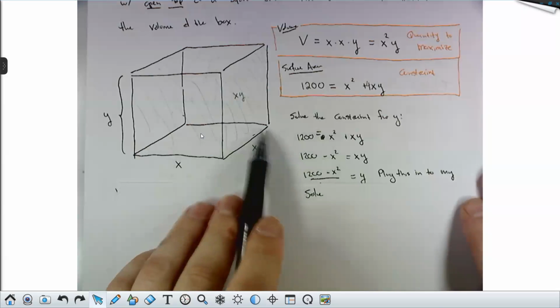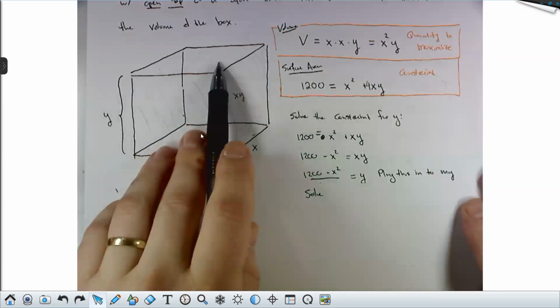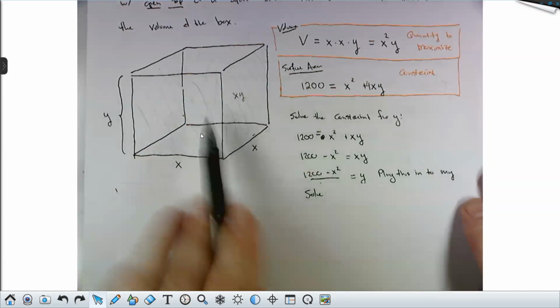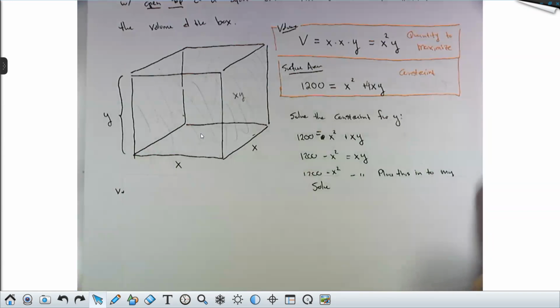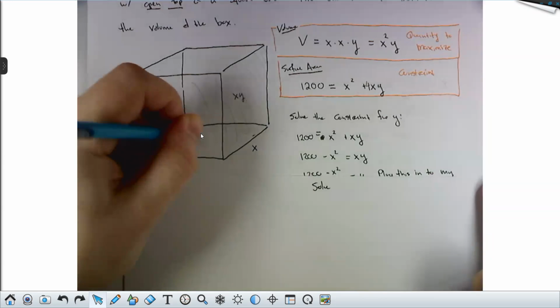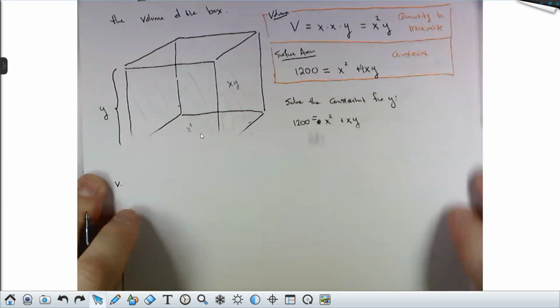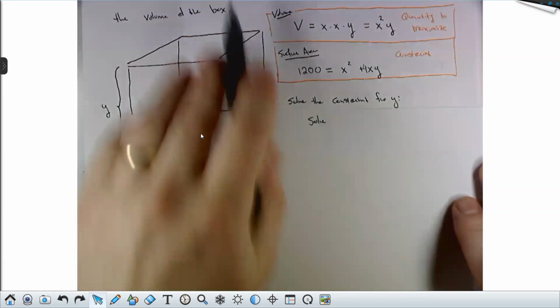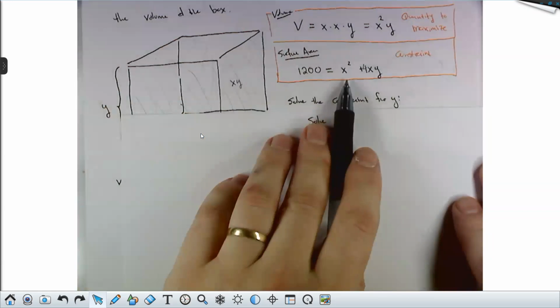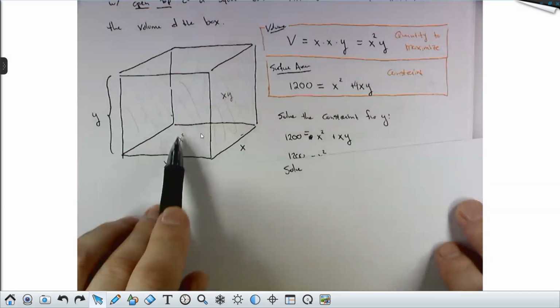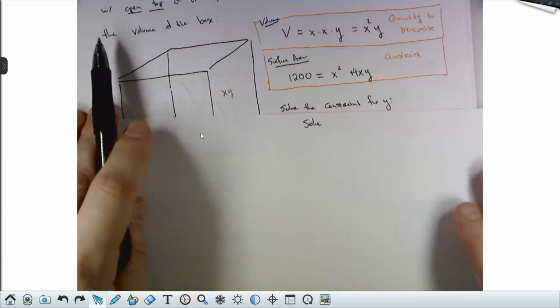Answer to your question, Kevin, there's 1, 2, 3, 4 of these sides, and they all have area xy. There's one base down here, which has area x squared. So the surface area is 1200, that's the surface area they gave me, equals x squared, the base, plus 4 copies of x times y.